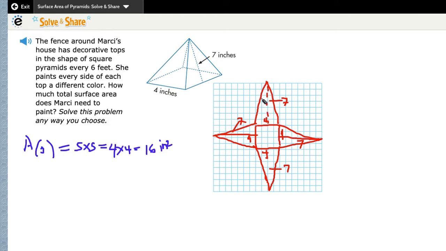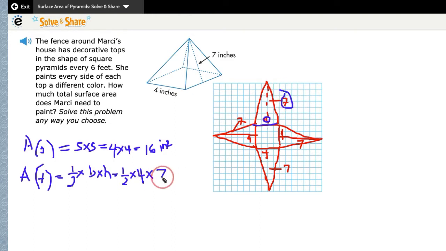Now let's find the area of the triangle. Its faces are triangles. The area of a triangle is equal to, write the formula first, 1/2 times the base times the height. So 1/2 times the base of the triangle, which is 4, and the height of the triangle is 7.